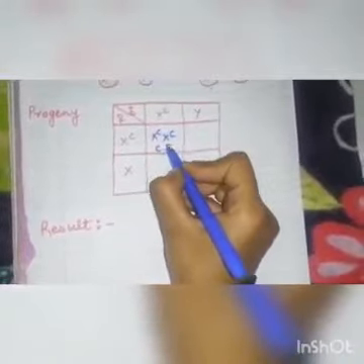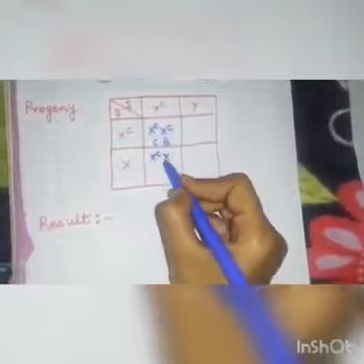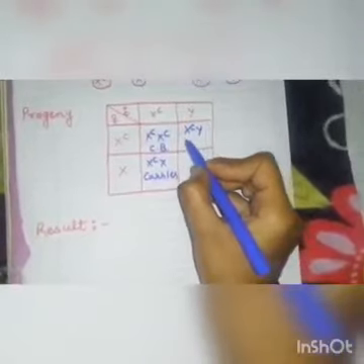The first one is Xc and Xc, so it is a colorblind female. Next one is Xc and X, it is a carrier female. Xc and Y, it is a colorblind male. And next is X and Y, it is a normal male.